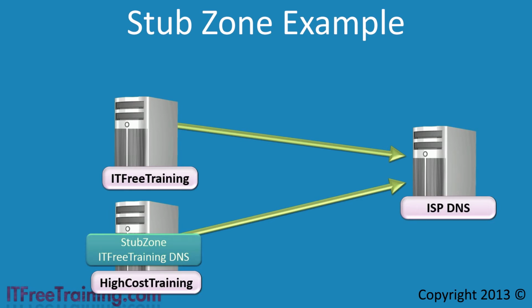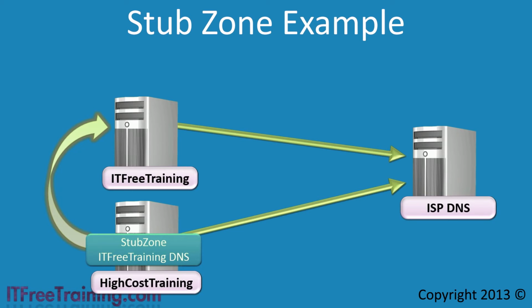The stub zone contains the basic DNS records for IT Free Training, like the DNS servers. However, it does not contain detailed information like DNS records. Since it has details on the DNS servers in IT Free Training, it can answer queries about it. It is able to forward the request to the IT Free Training DNS server to resolve.